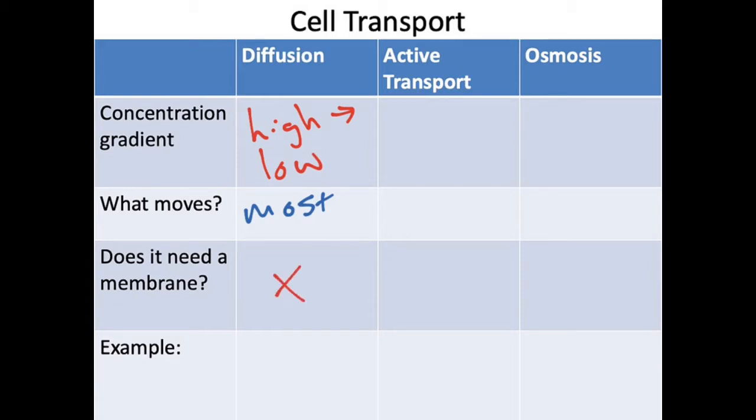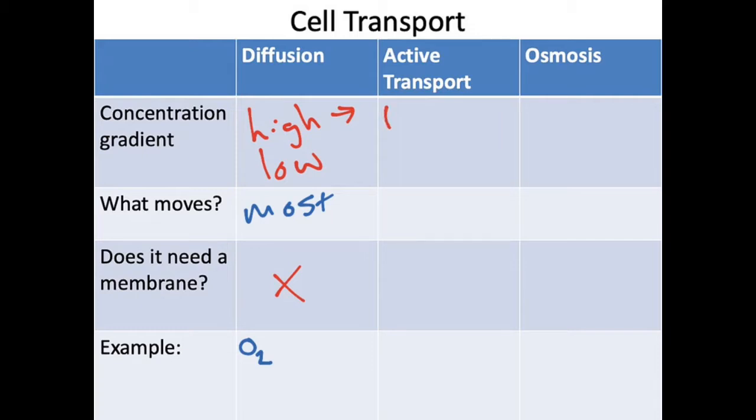An example would be oxygen going into your blood in the lungs, or sugars reabsorbing into the kidney when there's more of them in the fluid than there is in your blood. We're going to talk about diffusion and active transport in a little bit, so there'll be other examples.